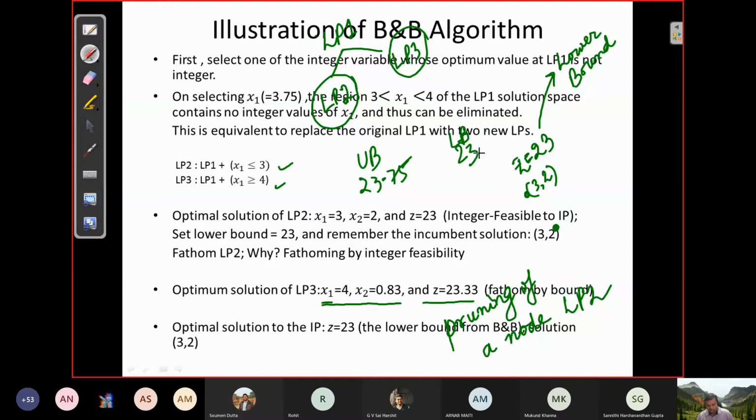So the only reason for which I can divide this subspace is if there is a possibility of finding an integer solution between this 23 and 23.33, let me say, for example, 23.15. If it gives that kind of value, then only there is a sense of exploring this LP3, right? But is that possible or not?